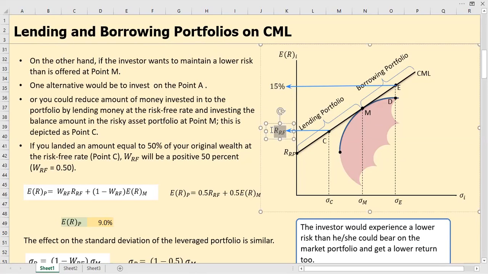And here we already calculated the value, it was 9%. And the risk-free rate is equal to how much? Risk-free rate is equal to 6% according to the sum, right? And these values also we already calculated here. Here the standard deviation was 1.5%.